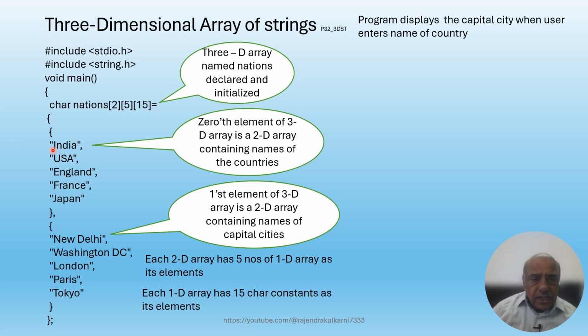So each 1D array, which is a member of the 2D array in the 0th element of the 3D array, contains a maximum of 15 char constants as its elements. These 1D arrays become part of the 2D arrays, which themselves are the elements of the array nations.